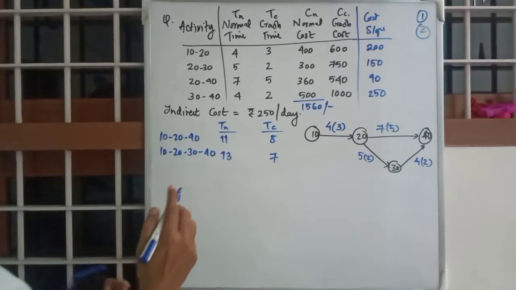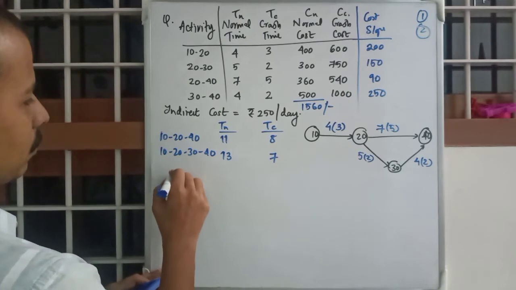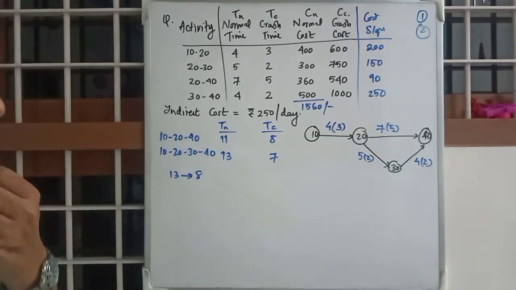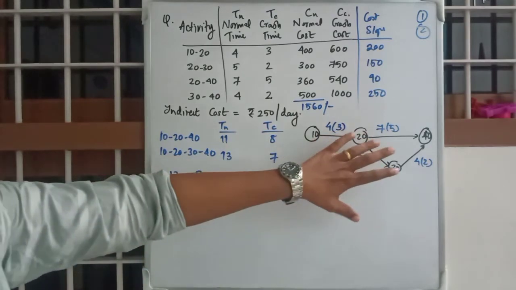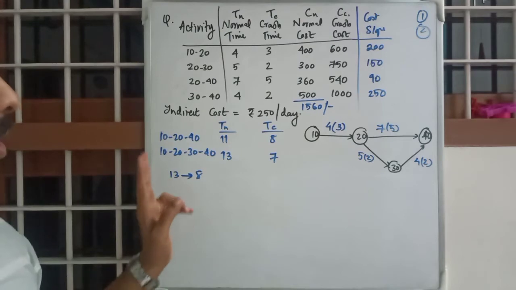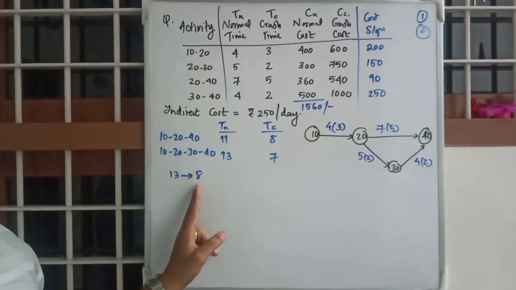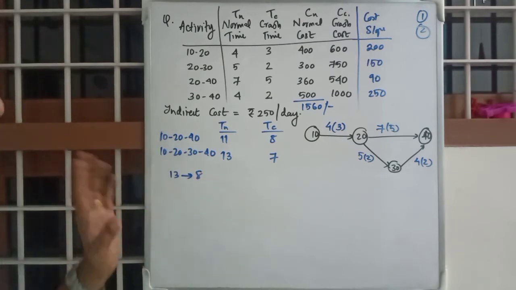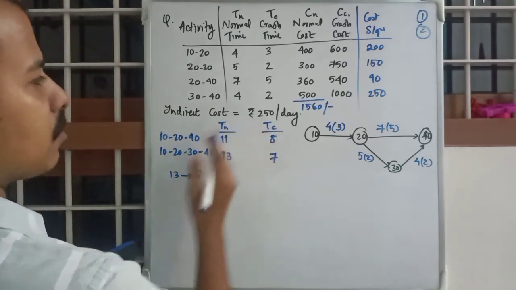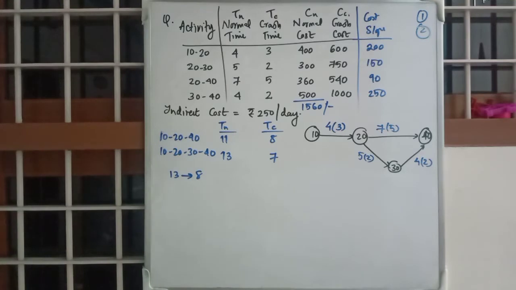So you need to go from 13 to 8. You can reduce the total duration of this project. Right now it is 13. You can reduce it until 8. Okay. So I hope that's clear. And just leave some space aside. It will be useful.